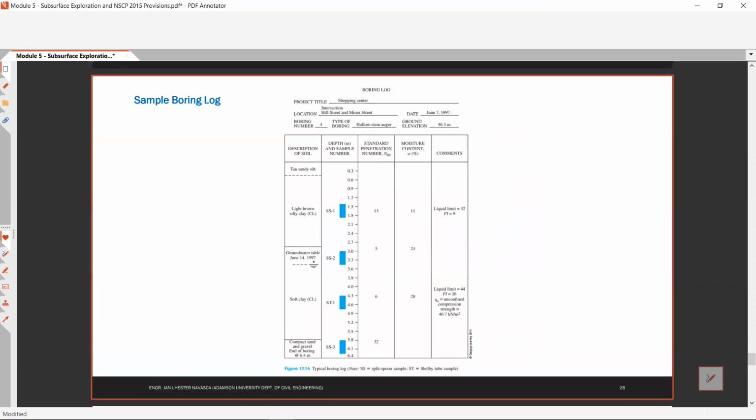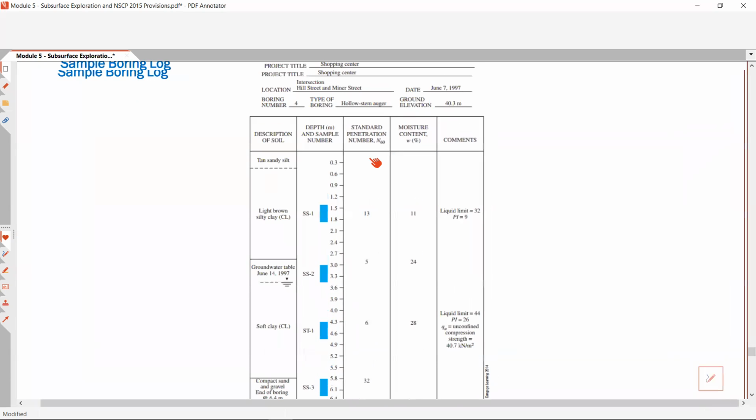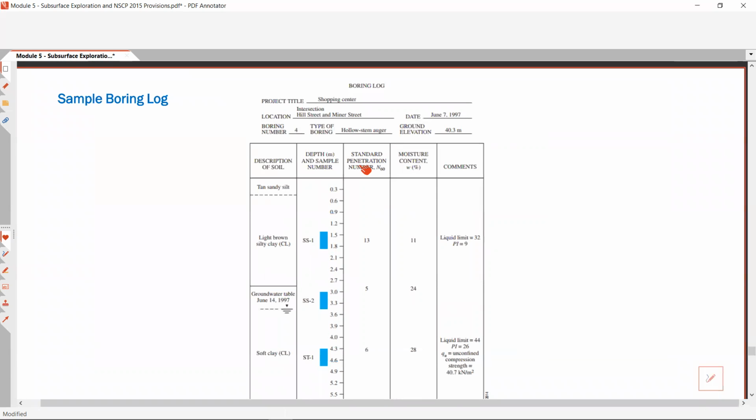Okay, and we also have the sample boring log. For the sample boring log, you just need to indicate the soil profile of your sample. Let's say this one, shopping center.